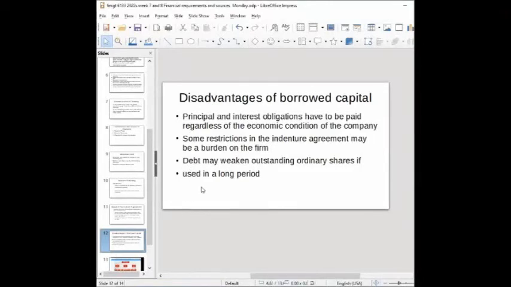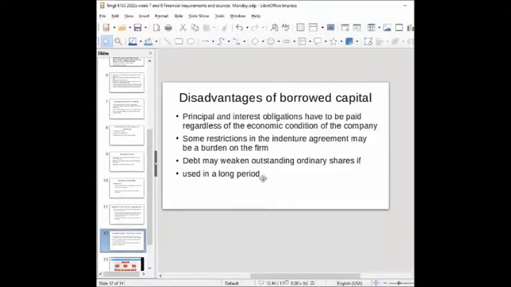So another disadvantage is this long period. If you have that agreement of paying that in a long period, then terminating that, as I have said earlier, paying that in full and earlier than what you have agreed upon with the lenders, might be another cost to you because you have to shoulder the service charges.